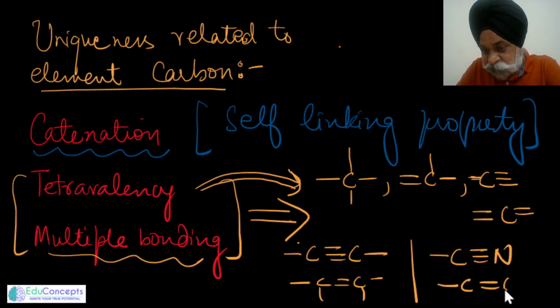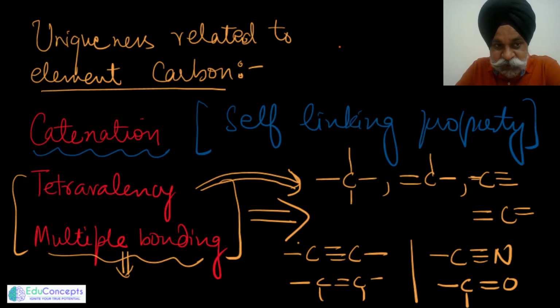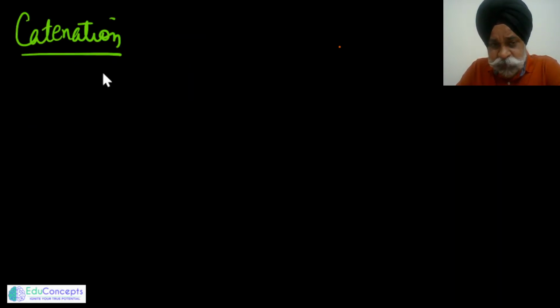Carbon can combine with a double bond or triple bond with nitrogen. It can join with a double bond with oxygen, so the double and triple bonds are said to be multiple bonds. And the cause of this multiple bonding is the small size of carbon.